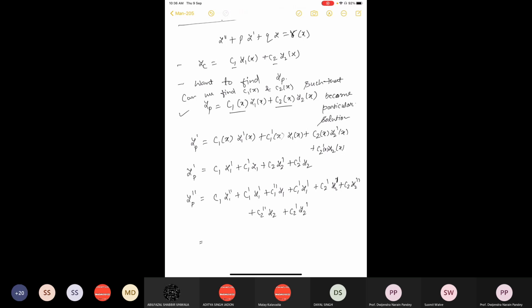So here, if we find yp double dash like this, then we end up solving a differential equation where we have the double derivatives c1 double dash and c2 double dash. To avoid this, since we have two functions, I can choose two conditions, right?